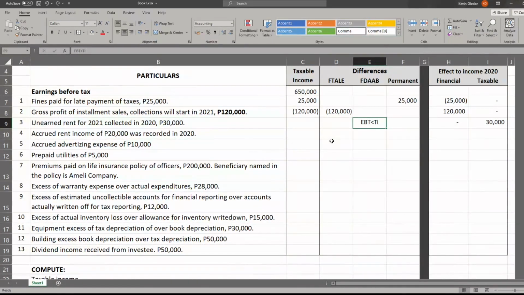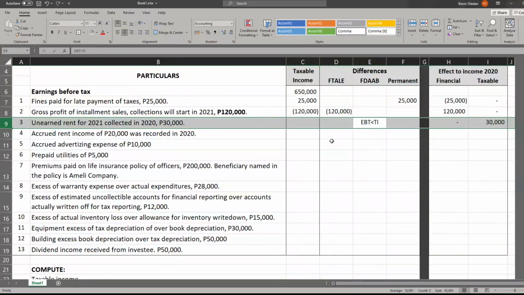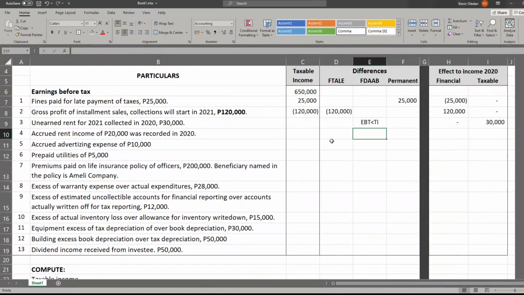Ang magiging effect ng isang transaction na to, it will cause EBT to be lower than taxable income. Kaya po, treatment is the 30,000 is going to be a future deductible amount. Future deductible amount ng 30,000.